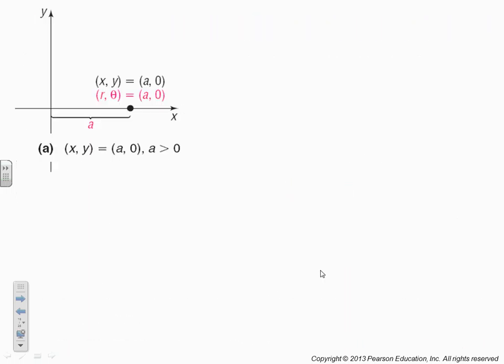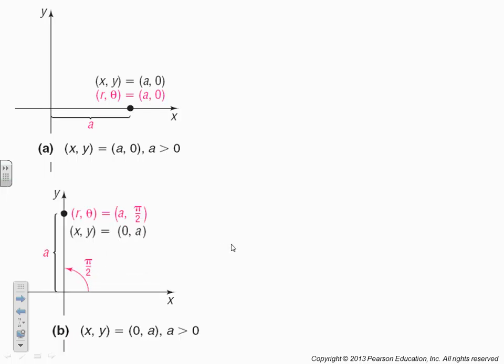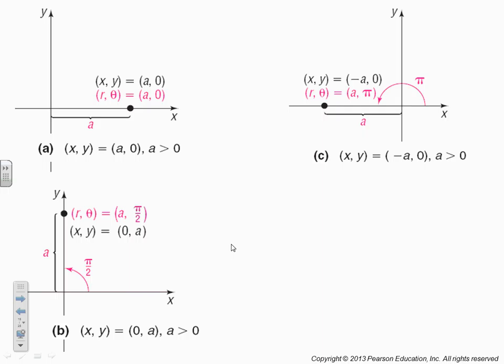All right, so the relationship is as follows. If x comma y is equal to a comma 0, then r theta is equal to a comma 0. If r theta is equal to a comma pi over 2, then xy is equal to 0 comma a. It's just putting into mathematical symbols what we just saw in the previous problem.